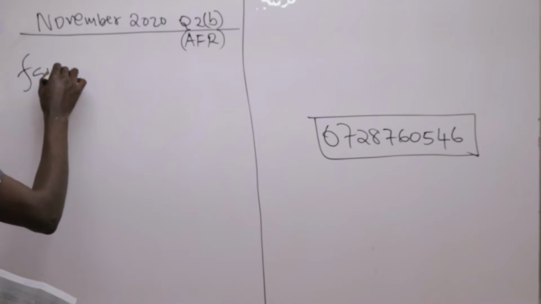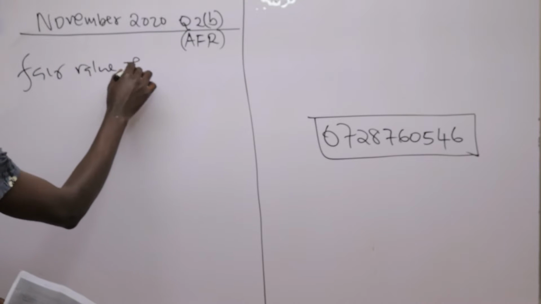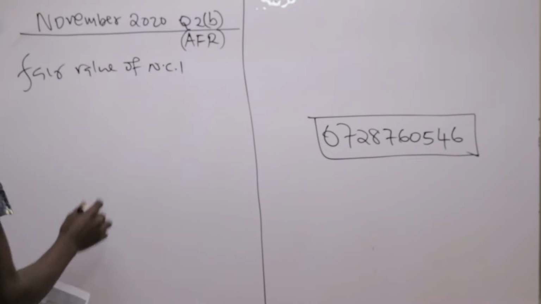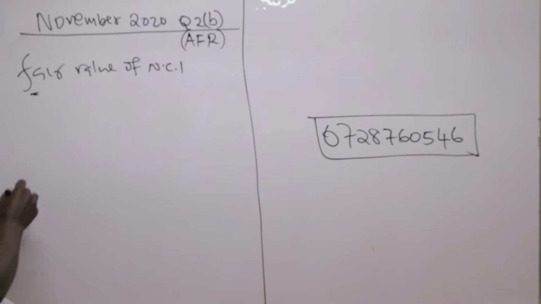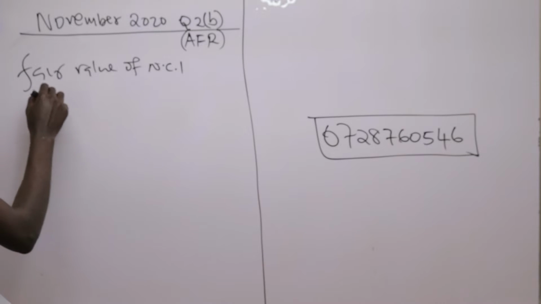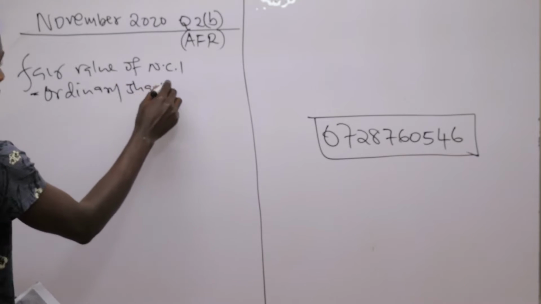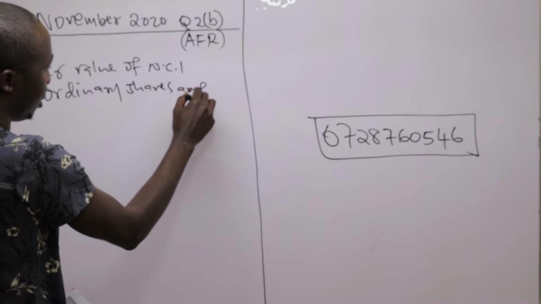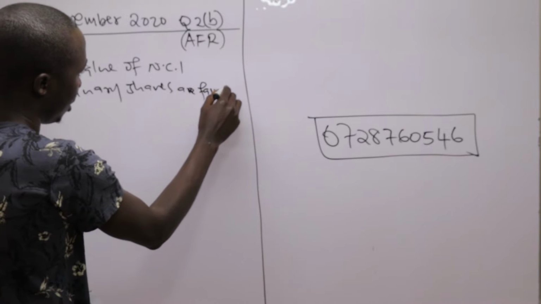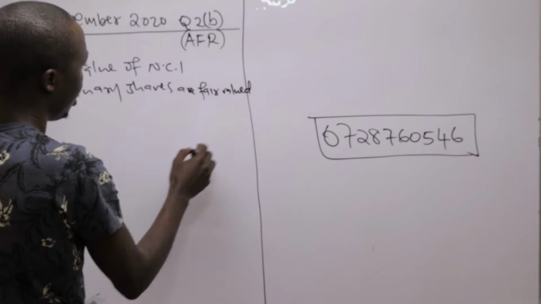Because for you to get the fair value of a non-controlling interest, in some cases where you are not given, you will be told that the ordinary shares are fair valued.